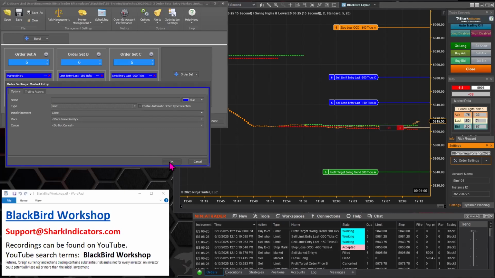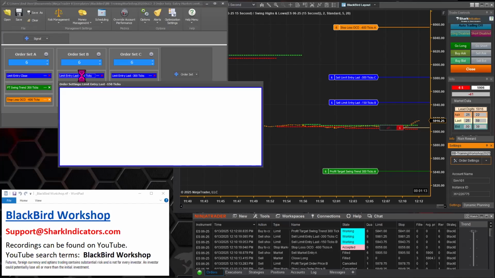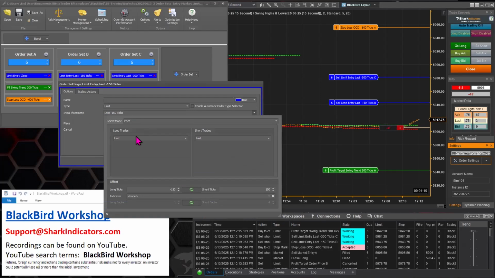And then the other two scale-in contracts. All right, so now we have a known fixed price that we're working from. So for the initial placement of our scale-in orders, instead of using the last price, I can adjust these to the closing price there as well.